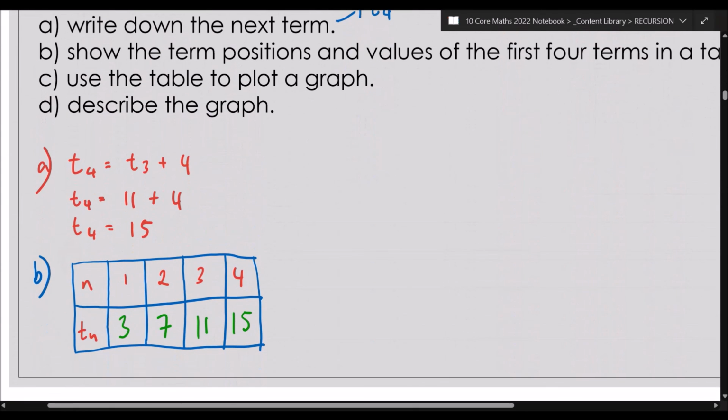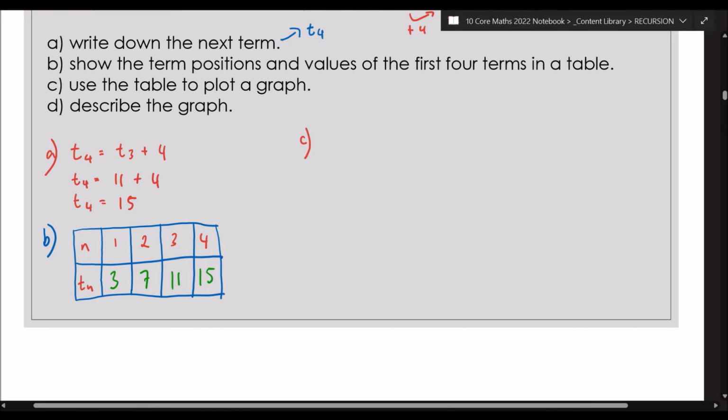All right, part C is we need to now put this into a graph. So we've got to plot the graph and then describe it. So question C, let's do that. Here's your x-axis. Make sure your lines are nice and straight, guys, when you do this. And then your y-axis there. On the x-axis is the n, and on the y-axis is Tn.